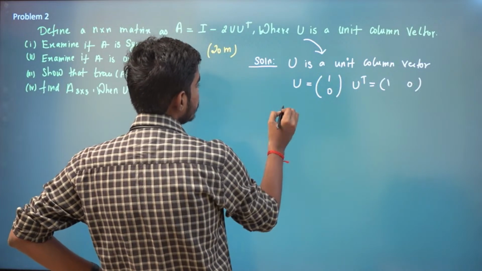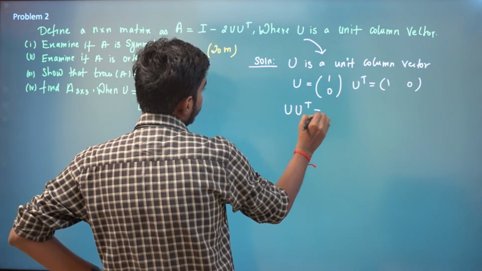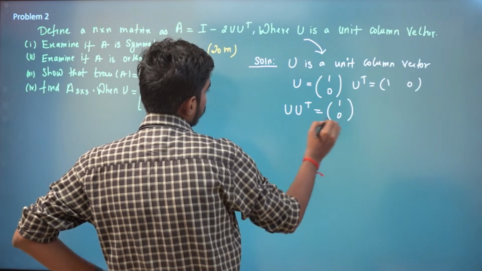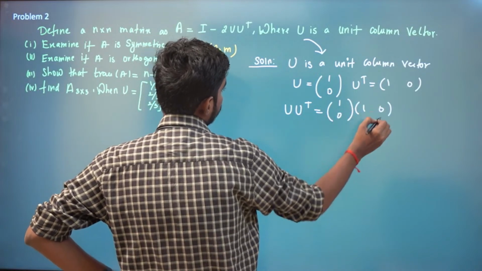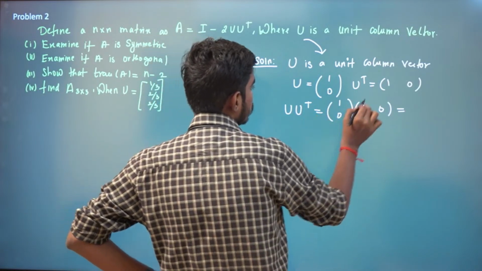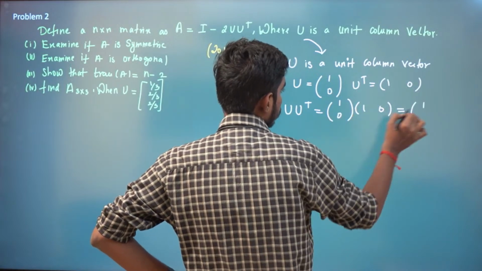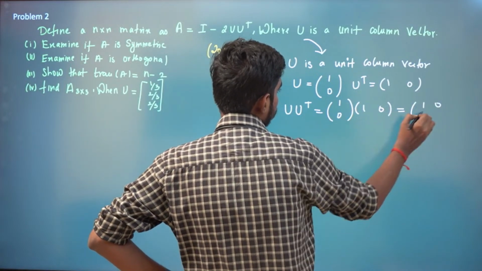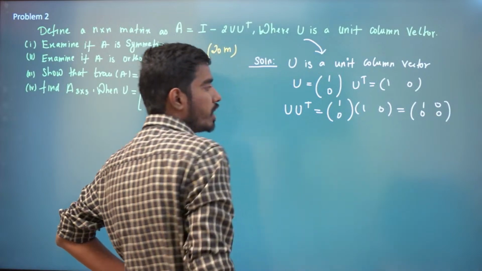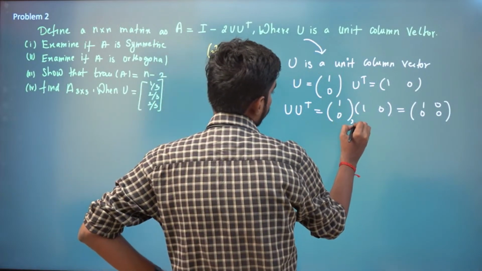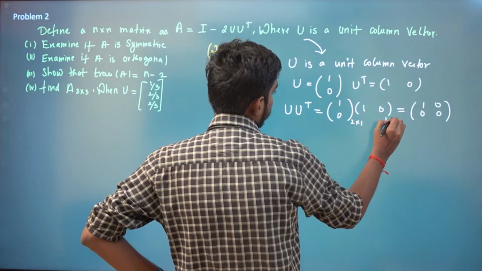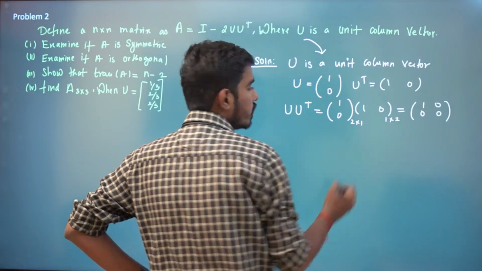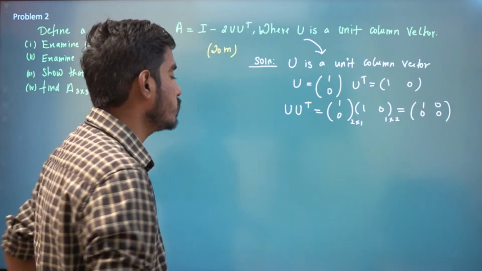Now we will just infer when you multiply u into u transpose, what you will have? 1 0 1 0. So this row, this column, this row, this column, and then 0 0. So we'll get a 2 by 2 matrix, right? Because this is 2 rows 1 column, this 1 row 2 columns. So product will be a 2 by 2 matrix, that is given by 1 0 0 1.